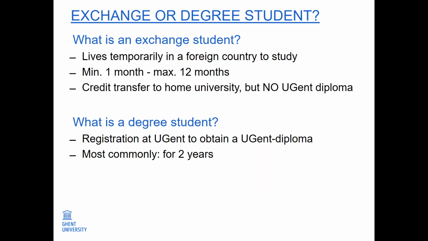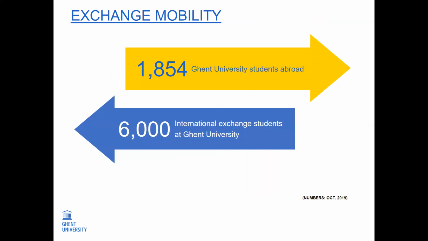As this is for the second semester, you'll probably be an exchange student staying here for 1 semester. About exchange mobility, we have about 2,000 students of Ghent University going abroad, and we receive about 6,000 international exchange students a year.